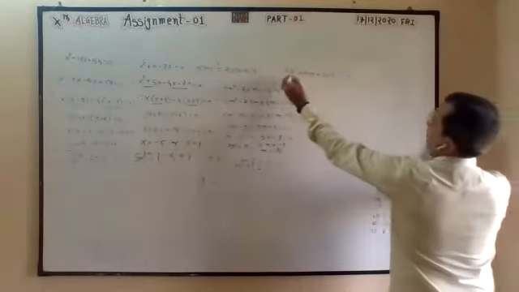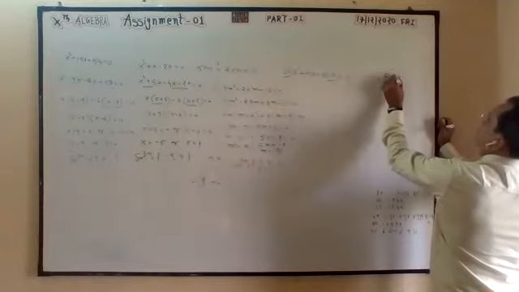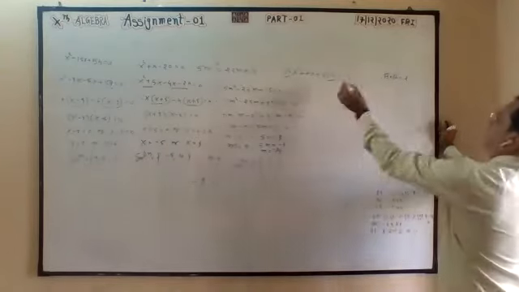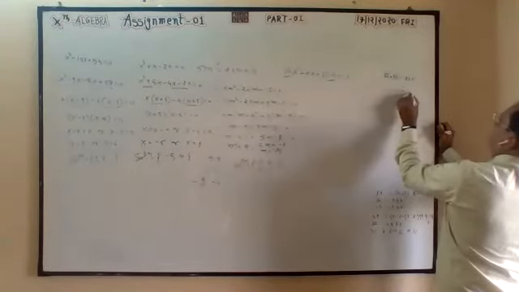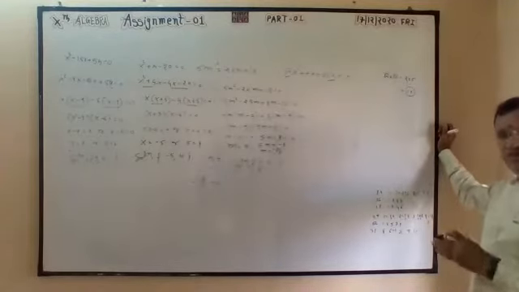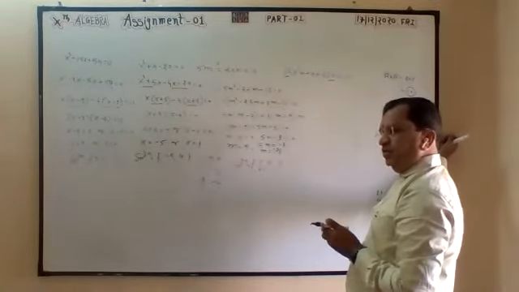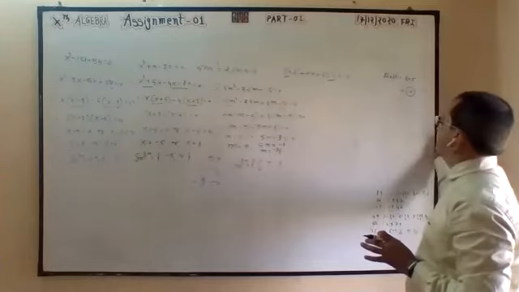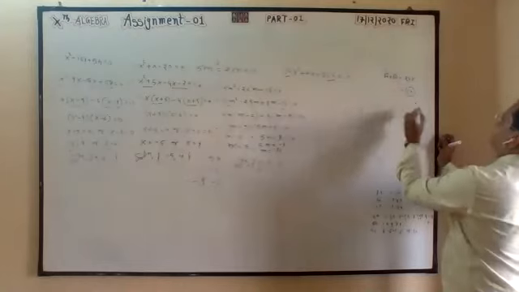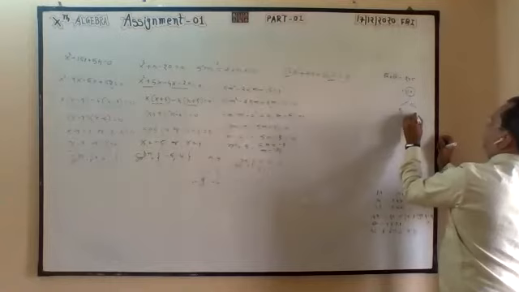In this, root 2 into root 2, that is 2, into 5, that is 10. A number into C number, whatever the value of A into the value of C, of that product you can get this. From that I want 7, so that is 5 2s are 10.